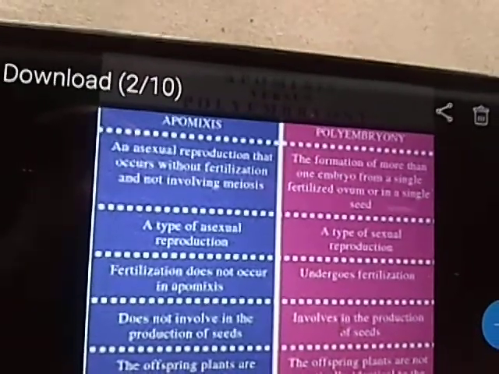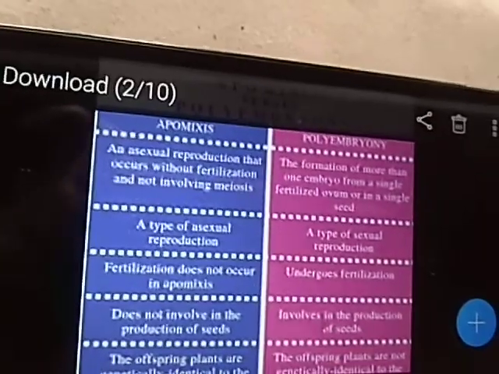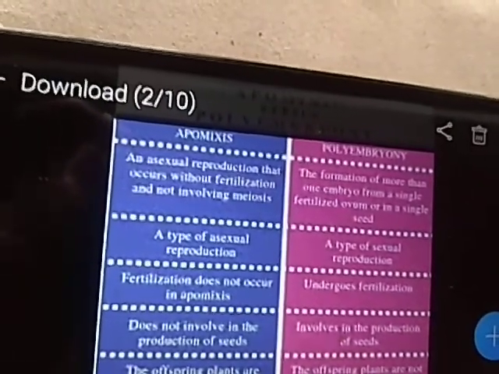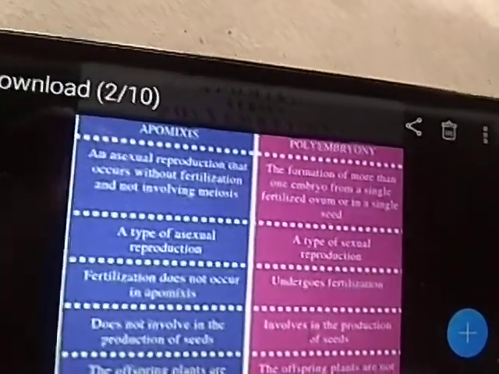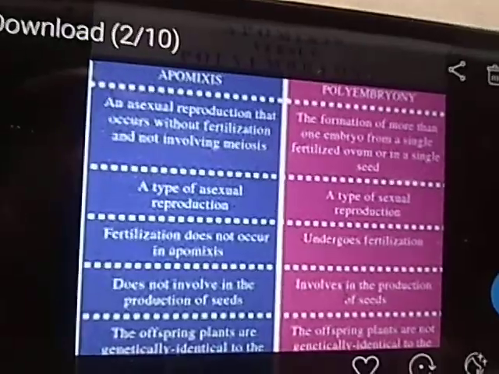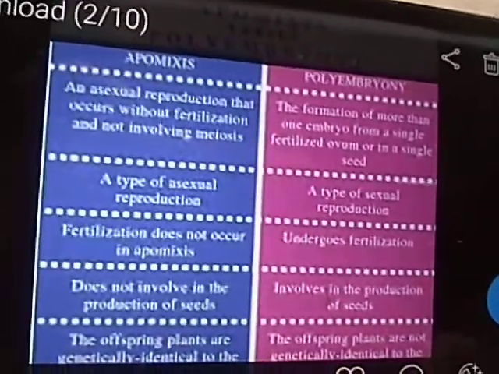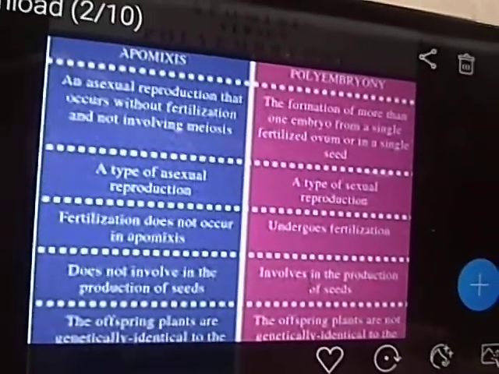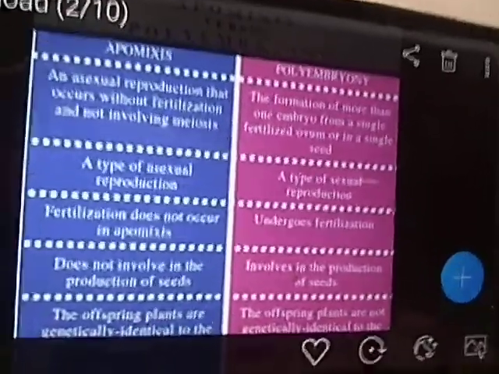In apomixis, it is an asexual reproduction that mimics sexual reproduction, and polyembryony is a type of sexual reproduction. Fertilization does not occur in apomixis, but in polyembryony they undergo fertilization. Apomixis does not involve the production of seeds by fusion, but polyembryony involves the production of seeds.